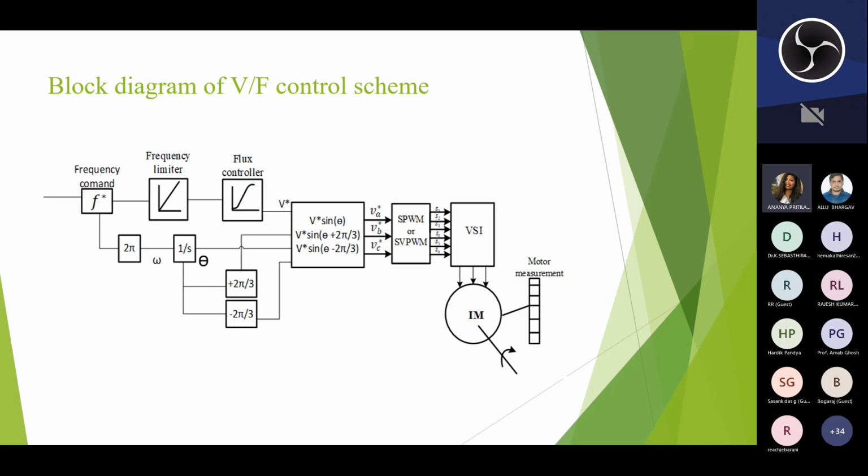I did it with my model: after generating the pulses by the SVPWM technique, I fed them to the inverter and hence to the motor. And from the motor feedback, I fed back the speed and calculated the reference. This is the block diagram of open loop. Later, I'll go for closed loop.